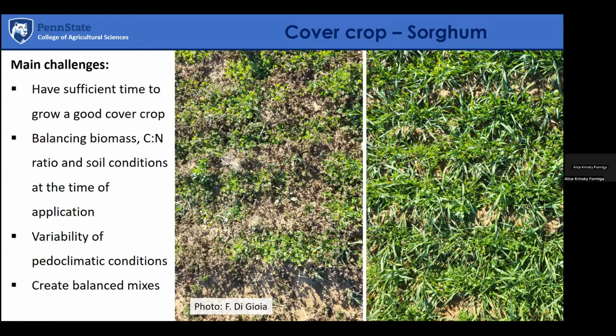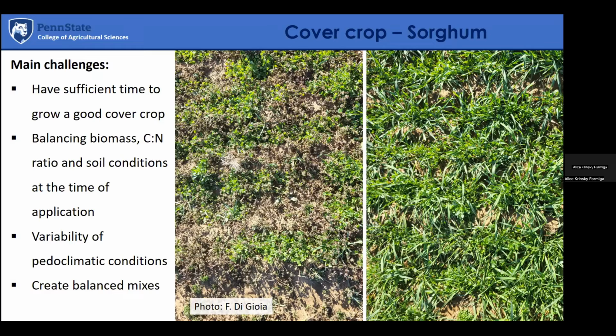Now, another challenge is the fact that often we don't rely on only one cover crop. It's a good practice, I would say often a good practice, to use mixes because one cover crop could provide more benefit in one direction, another one could provide benefit in another direction, and the mix sometimes seems to generate more biomass and a better balanced carbon-nitrogen ratio.